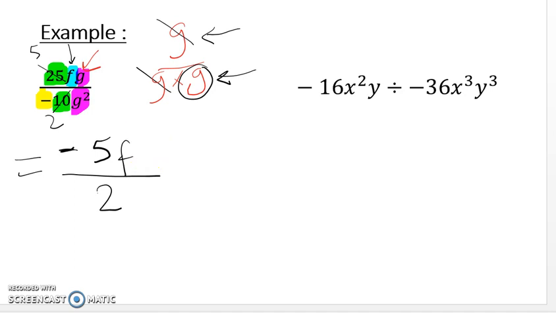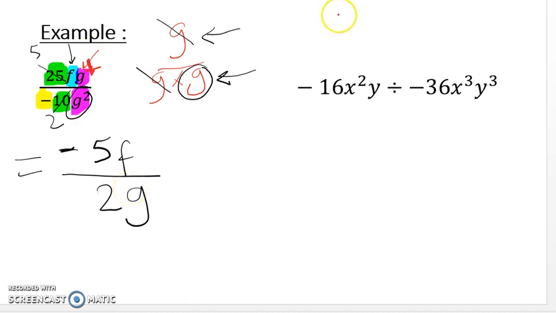We need to put it in the right place, which is in the denominator. That will happen when the power of the term is higher in the denominator. You can see that the power of 2 is higher than the power of the G in the numerator, which is just an imaginary 1 there. Because 2 is higher than 1, you'll be left with more G's, but they'll be in the denominator.